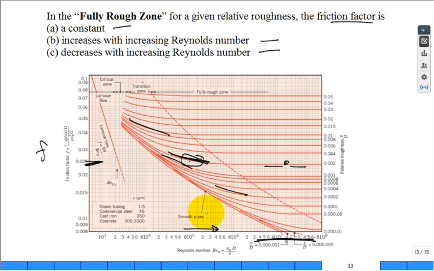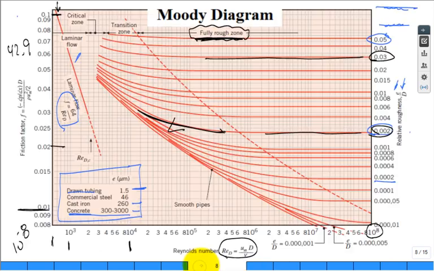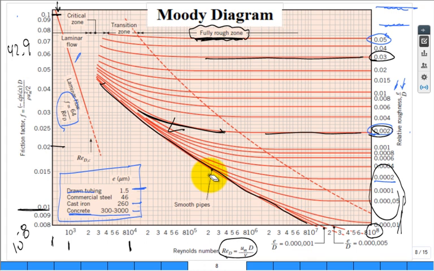Okay. Let's jump back to the Moody diagram. Now, there's another section. If you have really low relative roughness, it keeps going lower and lower, you can get what they call a smooth pipe. The bottom of this is the curve for where you have smooth pipes.